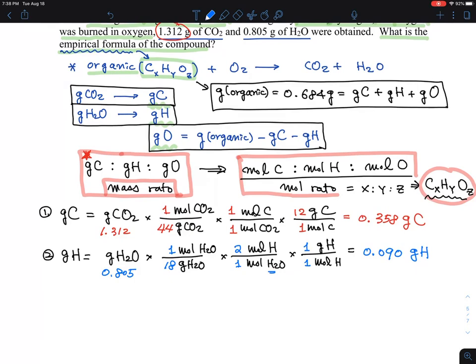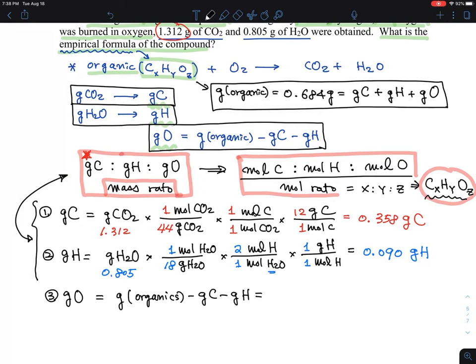Okay, so then what do I do? Number 3, grams of oxygen. This is essentially what I want to know, the mass ratio. And for this one, I don't need to do it the hard way. It's just subtraction of organic minus carbon minus hydrogen, because when organics react with oxygen from the air, they become CO2 and H2O.